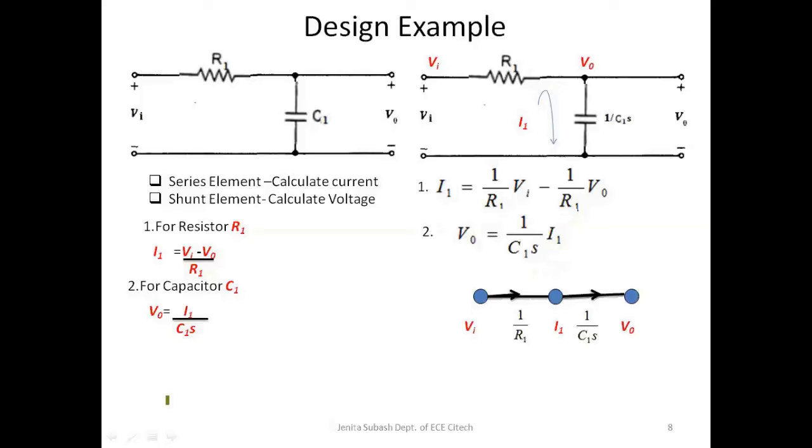And for the second term, we have another branch from V0 moving towards I1 with the branch gain of minus 1 by R1. So that's done with the signal flow graph. The procedure is pretty simple here, and we can follow the same procedure for any type of complicated electrical network.